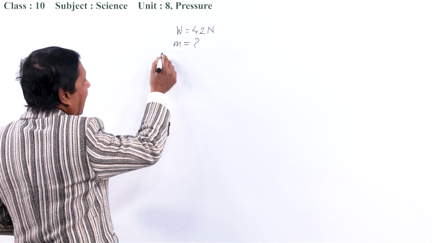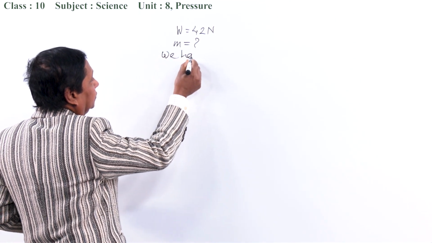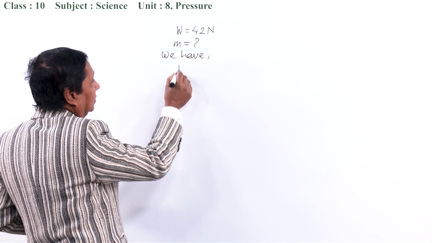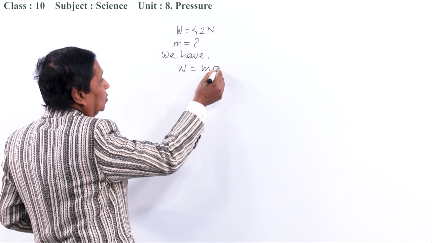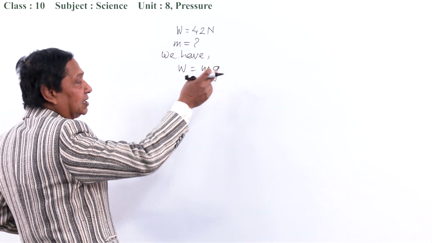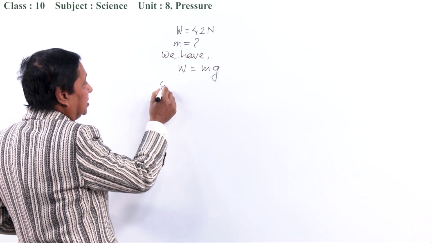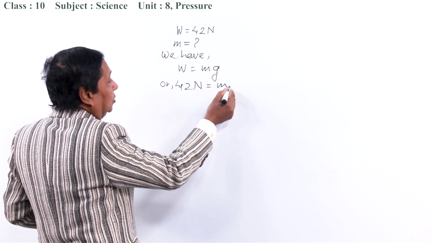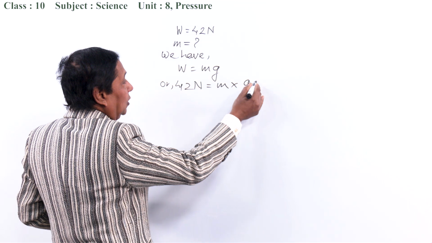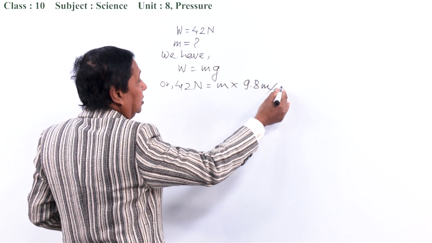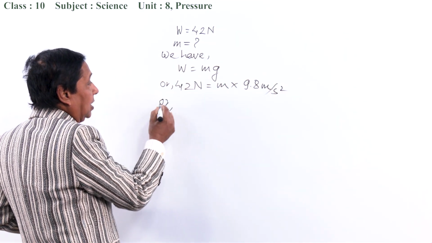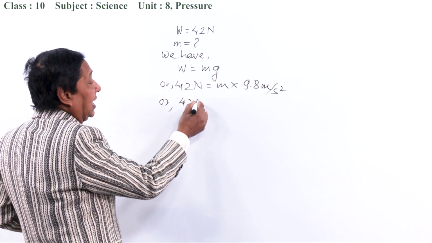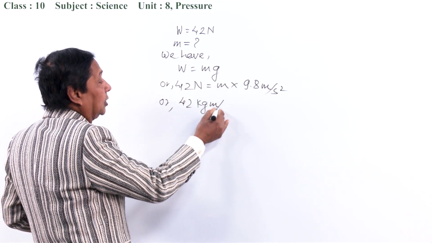Now what we have is W equal to mg, because the weight of a body is the product of its mass and acceleration due to gravity. In place of weight I can write 42 Newton, and mass we are going to calculate, g is 9.8 meter per second square. It was taught in the Force and Motion chapter, and 42 Newton's expanded form is kg meter per second square.